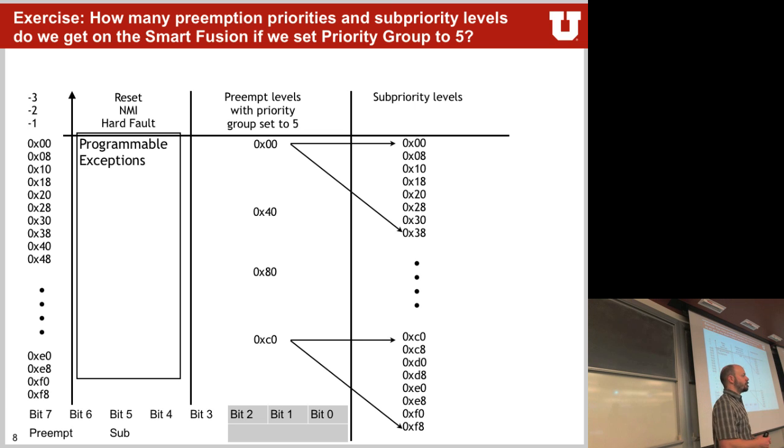It says that in group 5, we have another table from last session that says that the priority field is bits 6 and 7. Yes, 6 and 7. So group is set to 5, which means the last 5, so basically bits 0 to 5 are the sub-priority bits.